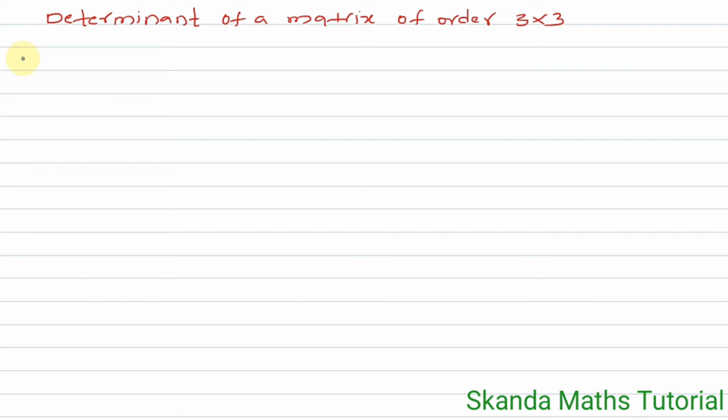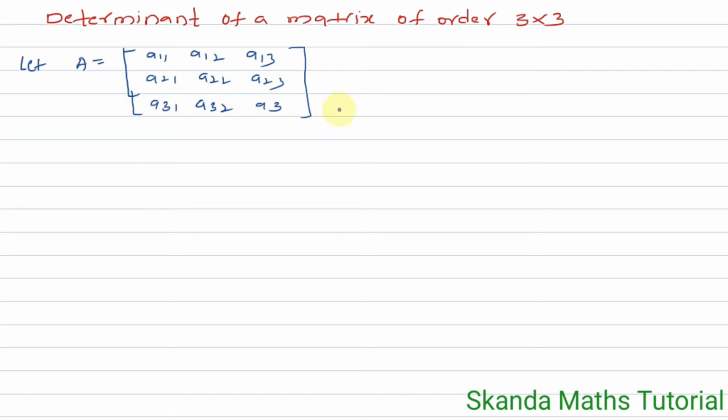For example, let us consider capital A, which is A11, A12, A13, then A21, A22, A23, and next A31, A32, A33. So this is a 3 by 3 square matrix.